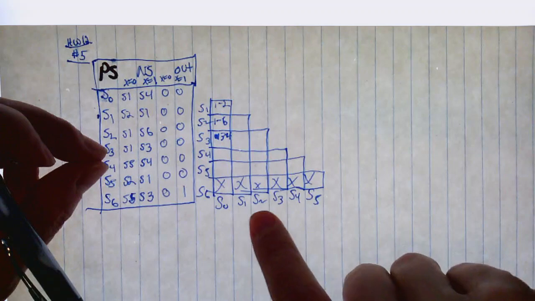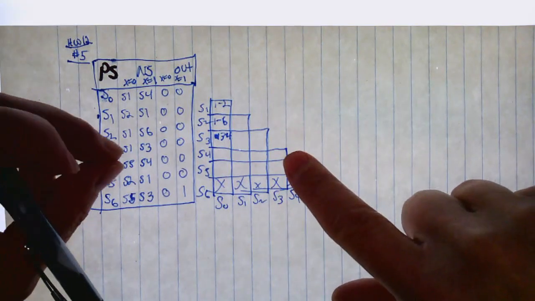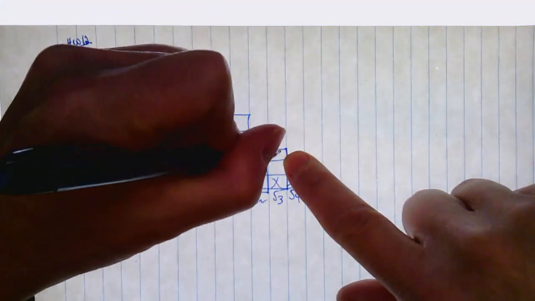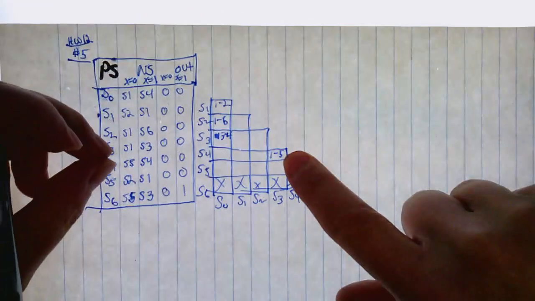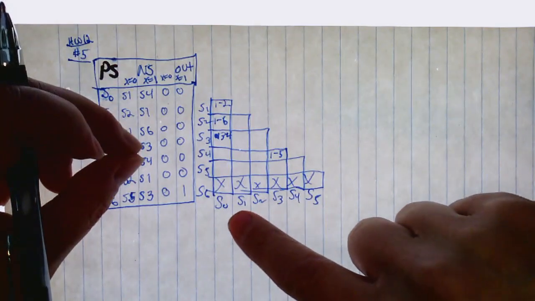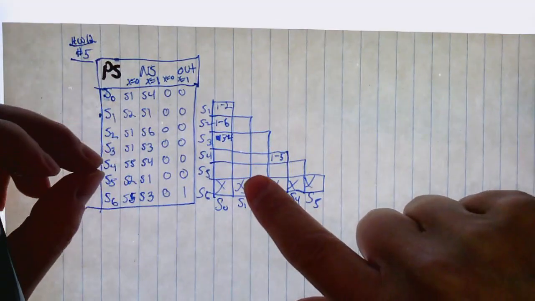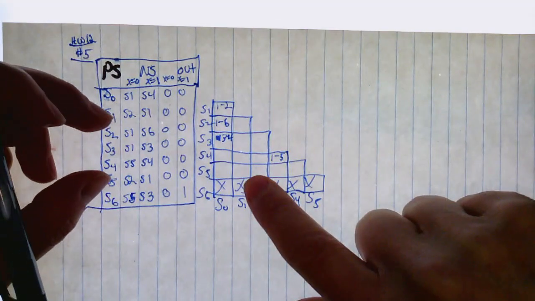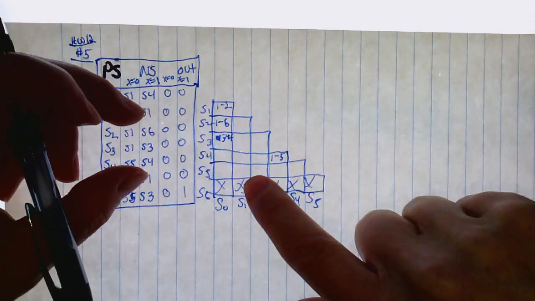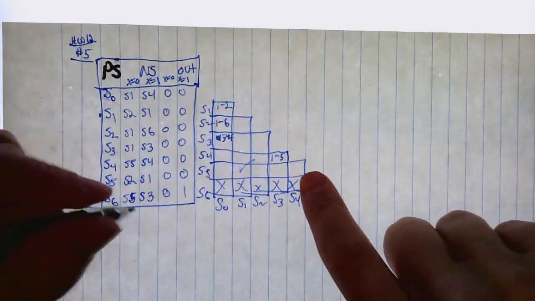So S3 is equal to S4 if 1 is equal to 5 and if 3 is equal to 4. So what about 1 and 5? S1 and S5, we don't know about that. So S1 and S5 are true if S2 equals S2, if S1 equals S1, hey, S1 does equal S5. So that's promising.